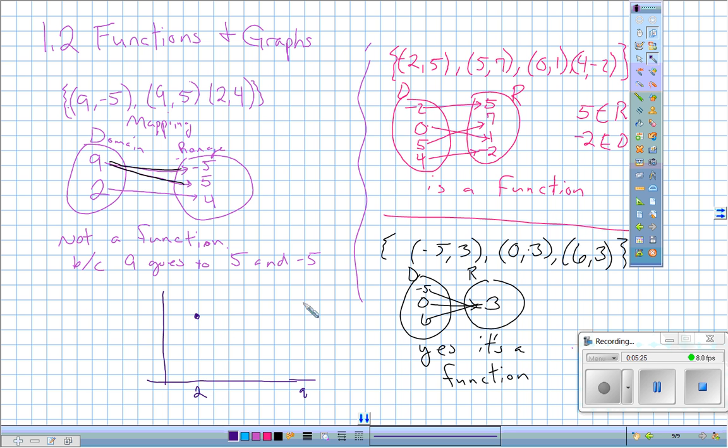At 9, I would go up to 5, and I'd also come way down here to -5. And you can test and see that I have this one line going through 2 points. So it doesn't pass what's called the vertical line test. Okay, and the vertical line test just says that I can't have a line go through more than 1 point at a time.